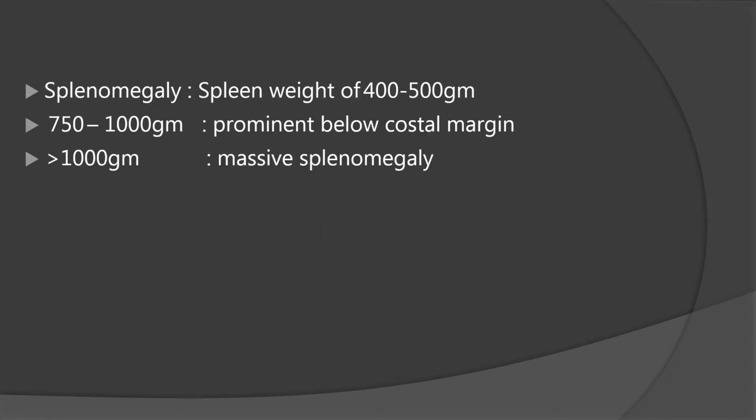In splenomegaly, spleen weight is literally doubled, that is 400 to 500 grams. If it is between 750 to 1000 grams, it is prominent below costal margin. If it is greater than 1000 grams, it is massive splenomegaly.